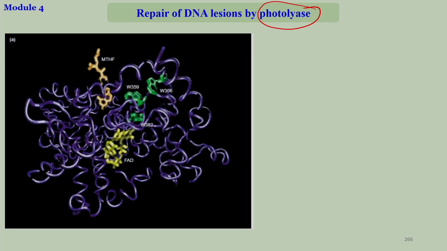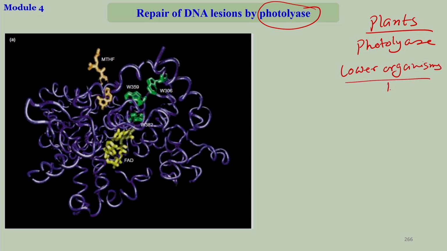This happens in the plant system. All plants or most of the plants have this enzyme called photolyase. Most of the plants have it, and lower organisms also have this enzyme photolyase.